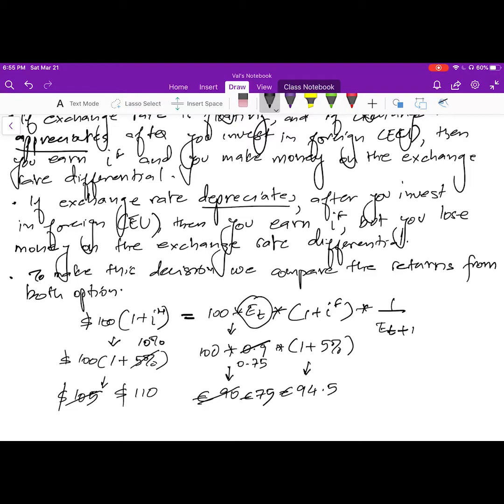Okay, so let me clean this up a little bit. I'm just going to leave this at 0.9, and you end up with 90 euros, and then here you end up with 94.5 euros. So let's say you started out with 0.9, but at the end of the investment period, which is tomorrow, the exchange rate now is 0.8, right?